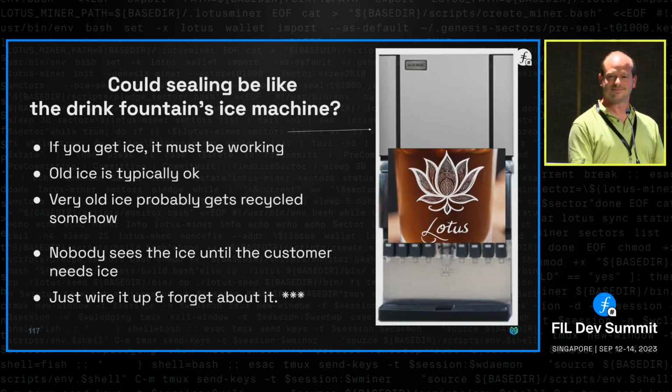Or are you trying to limit the number of ice cubes that get created, and then you have some sort of control system, which probably doesn't work if you're trying to literally sell mining hardware or something?